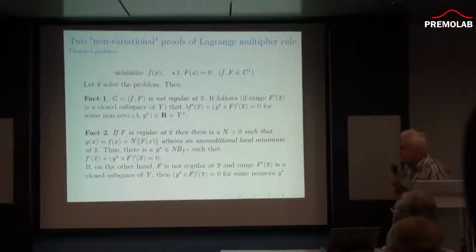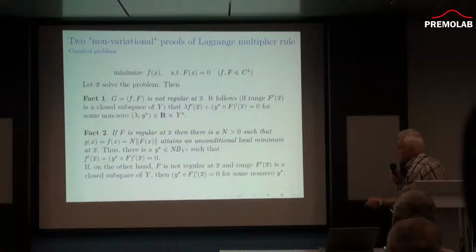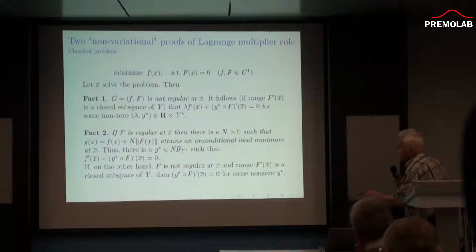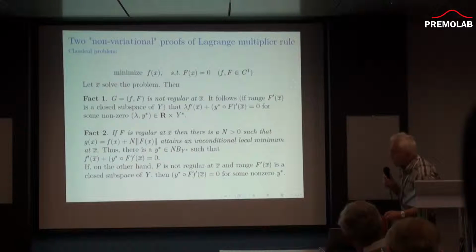And we get the existence of y star such that this holds. And if f is not regular, then again the Lyusternik-Graves theorem gives us the existence of a certain y star such that this holds. So again, we get the Lagrange multiplier rule with very little effort.